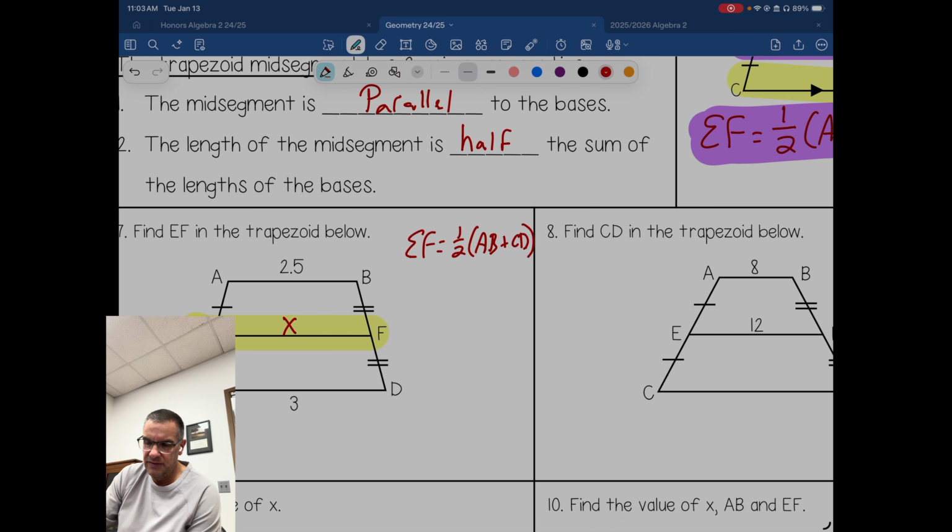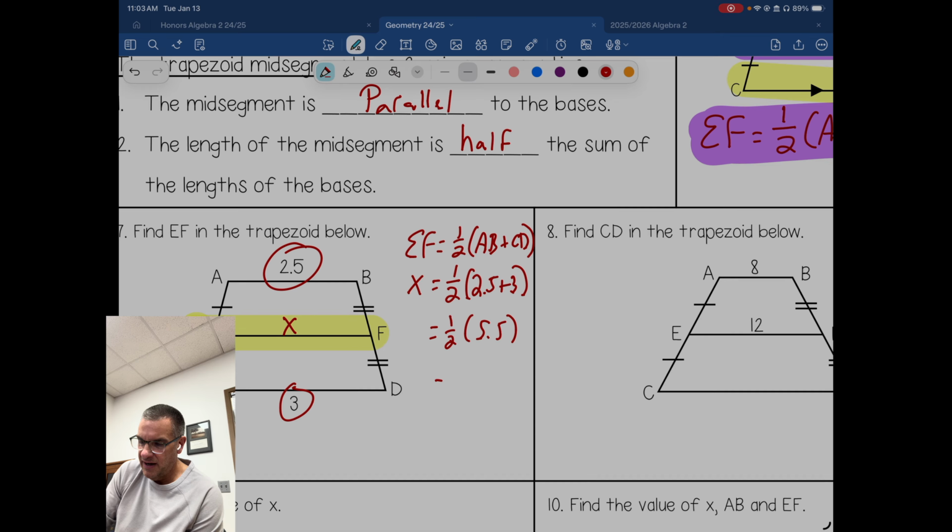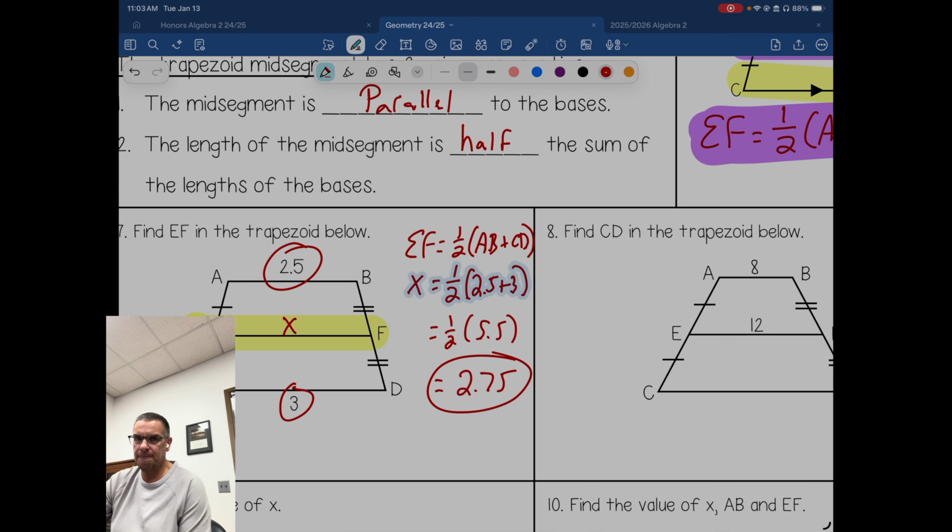I don't know what EF is, so I'm going to make that an X. That has to equal 1/2 of AB, which is 2.5, plus CD, which is 3. Now we just solve. That's 1/2 of 5.5, which is just 2.75. And there's our solution. And we're done.